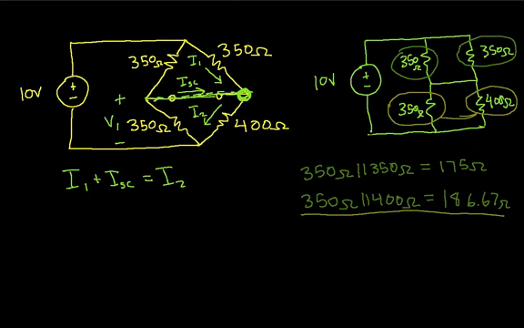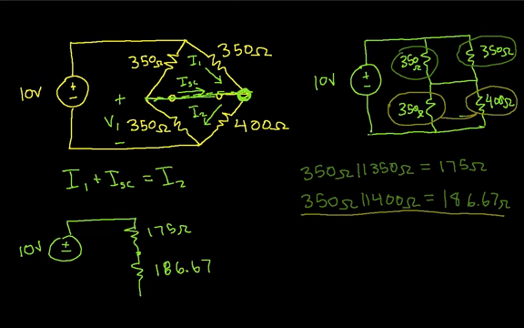Now I can redraw my circuit as the following. I have 10 volts, 175, and 186.67. And now I need to find this voltage, which I've called V1.